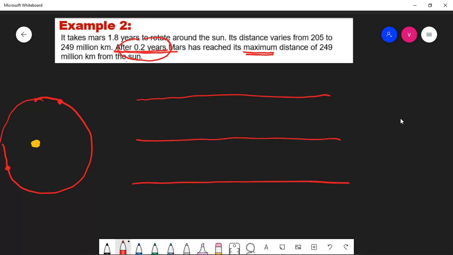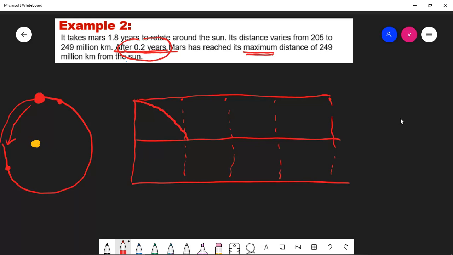Okay, so let's go ahead and label this a little bit. Let's make some quadrants there. They are talking about Mars being at a maximum right here. So you're going to start the wave here, and then it's going to move down towards the middle.